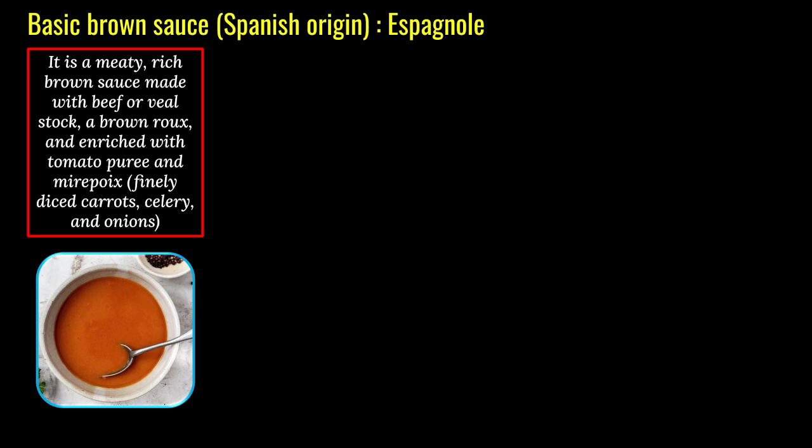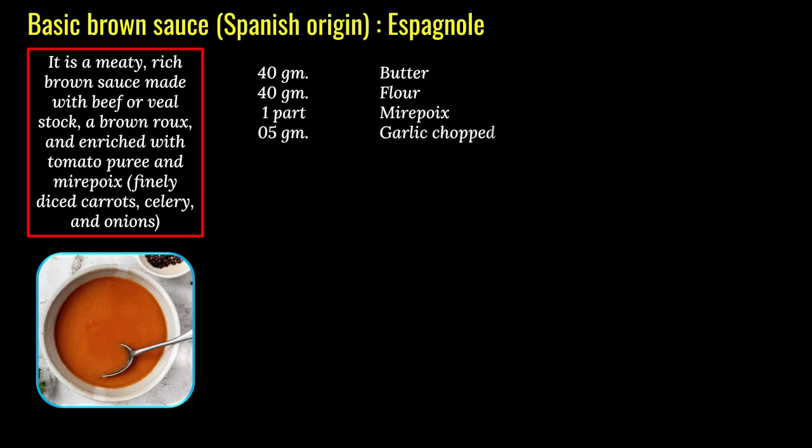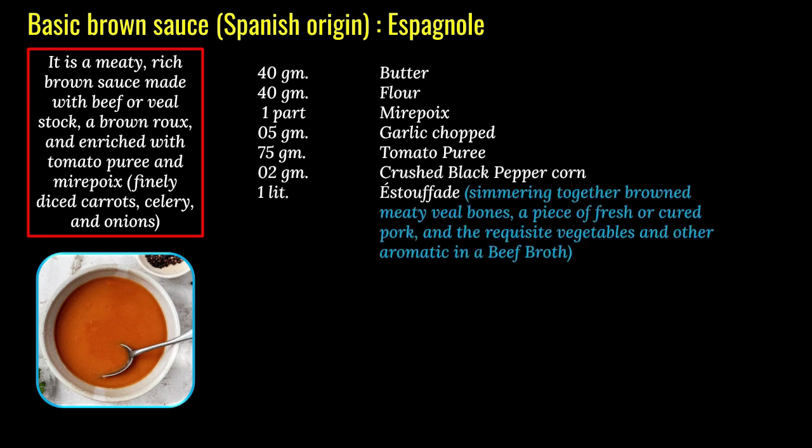Let us briefly find out what ingredients we require. We require 40 grams of butter, 40 grams of flour, 1 part mirepoix, 5 grams of chopped garlic, then tomato puree, crushed black peppercorn, and 1 liter of estouffade. Remember this: estouffade is not a plain brown beef stock, it is more enriched.